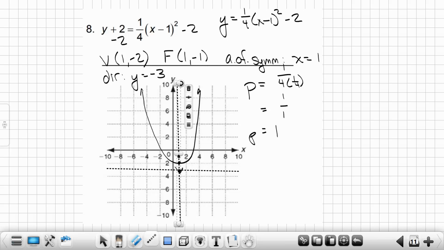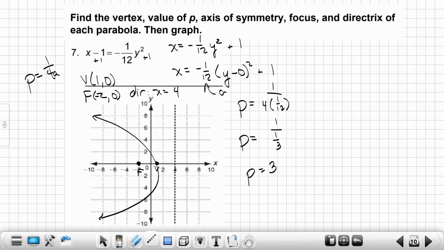So what would be the axis of symmetry on the other one, Sione? On number 7. Where is that one symmetric?